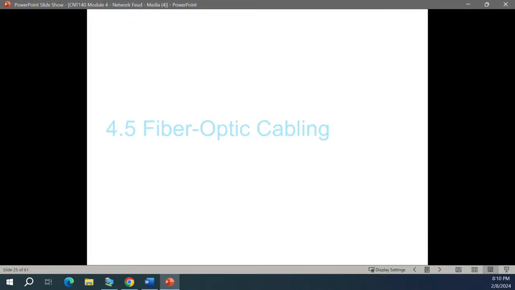One of the reasons that we start talking about a default gateway in this module is because there's a lot of things related to the physical layer that relate back to the term default gateway. Remember what we talked about?